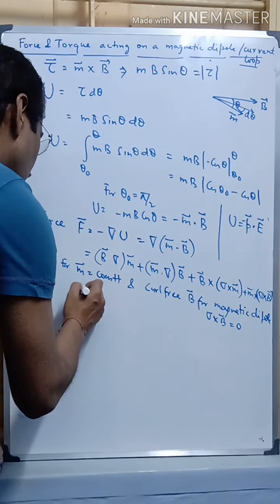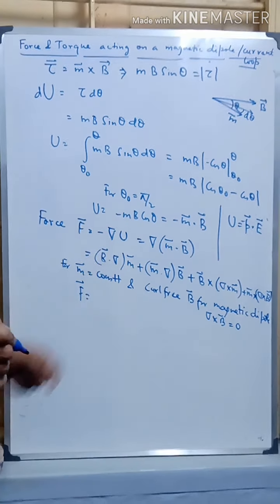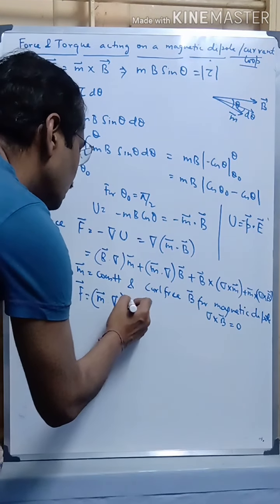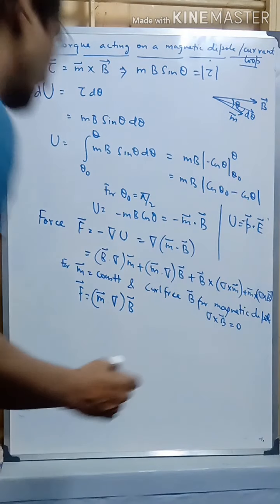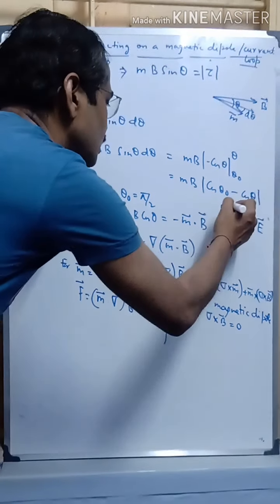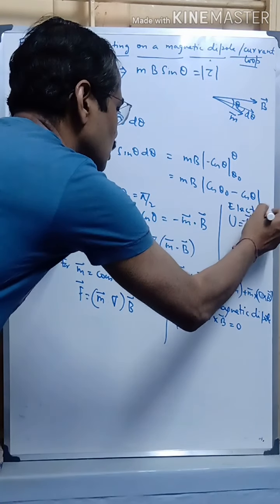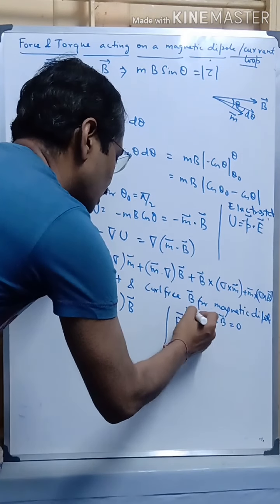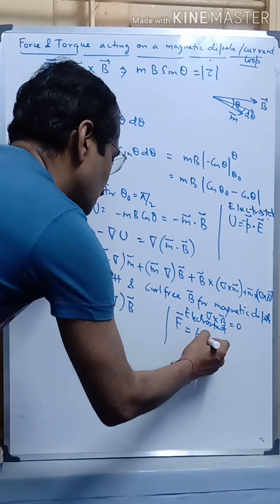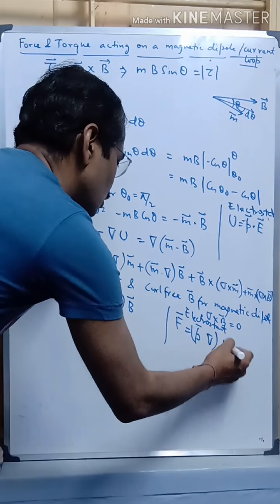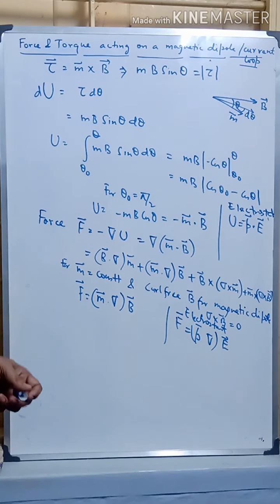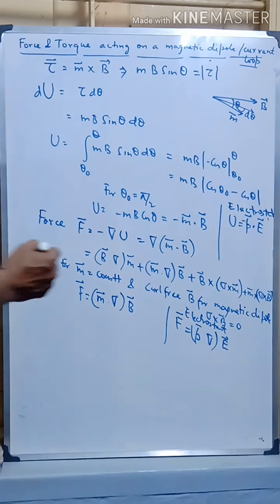That makes the force acting on the magnetic dipole equal to M dot del into B, which again you can remember from the electrostatic case, where it was P dot del into E. So this is the amount of force acting on a magnetic dipole which we have derived.